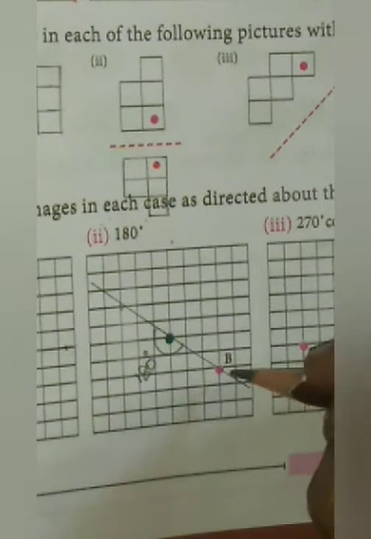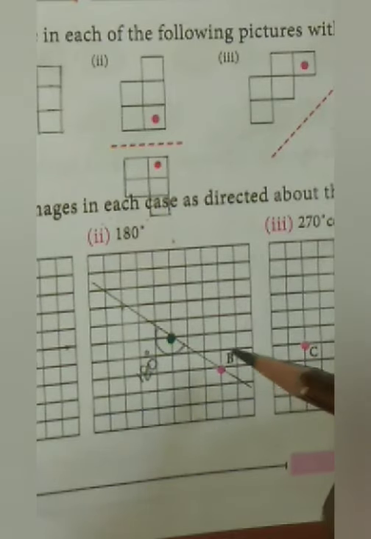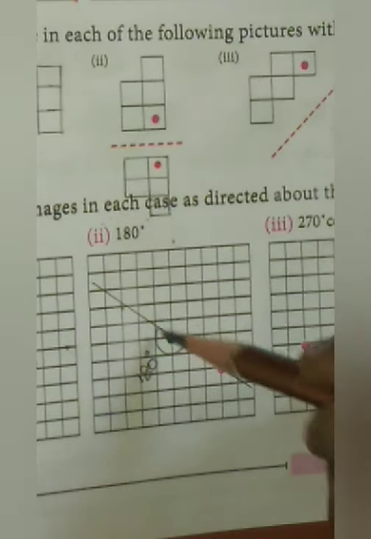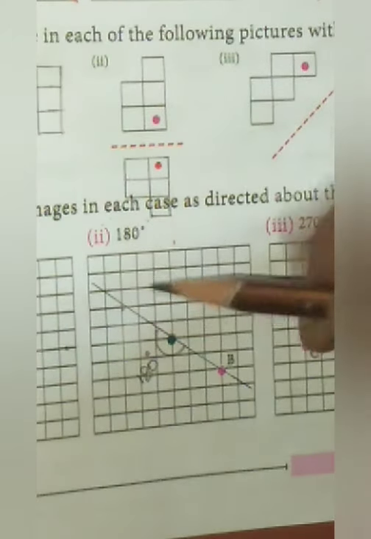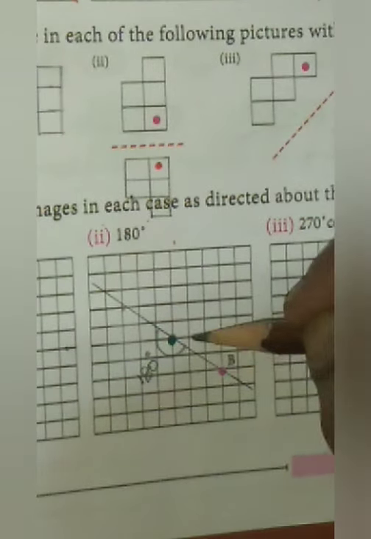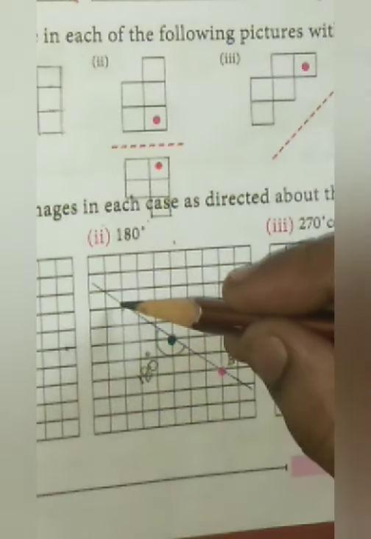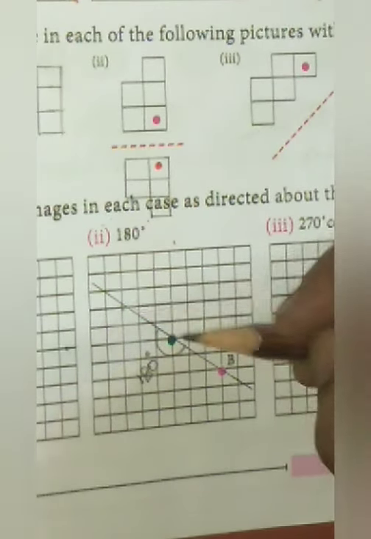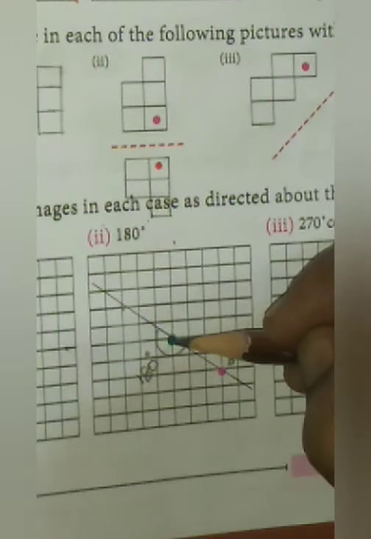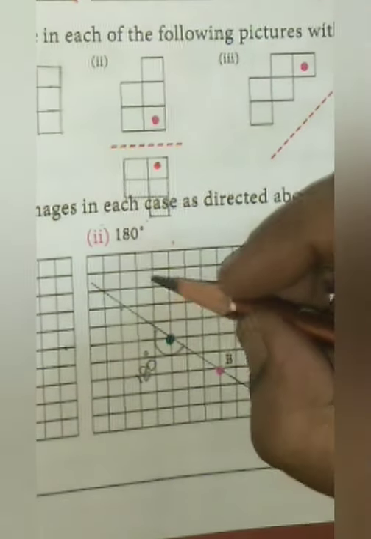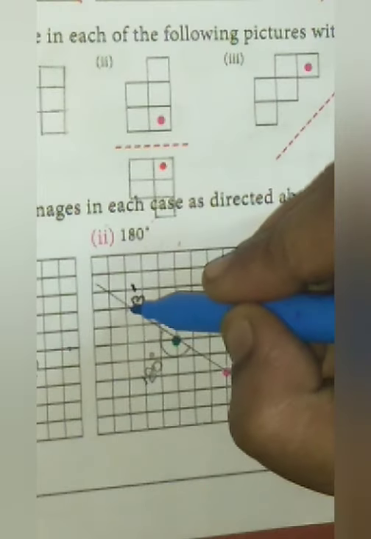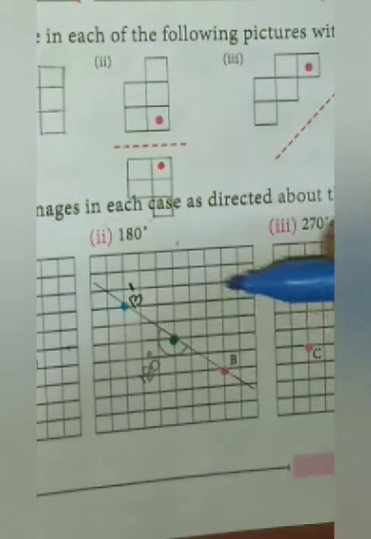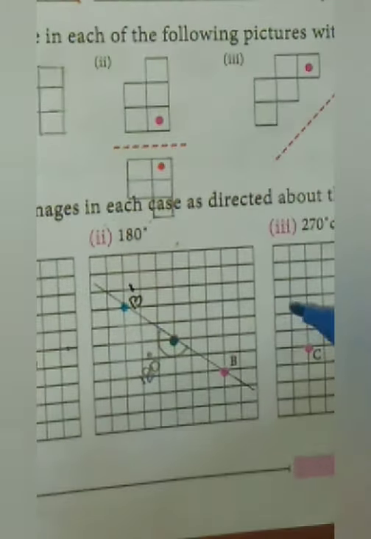So after rotating the pre-image B by 180 degrees, the point lies here somewhere. The pre-image and this point lie at equal distance from the green point. The image lies here, and it is denoted as B dash.